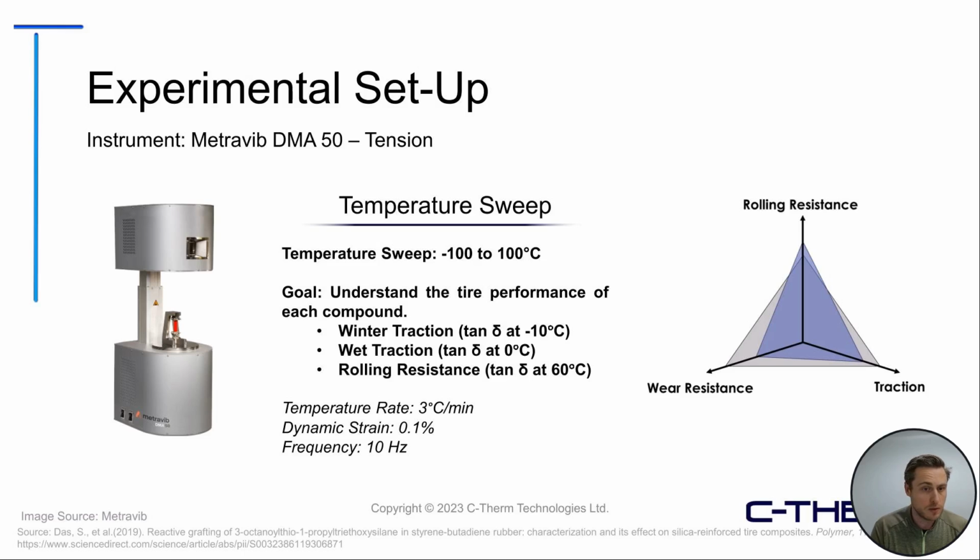They did their test in tension with a temperature rate of 3 degrees C per minute, a dynamic strain of 0.1%, and a frequency of 10 hertz. So again, they did the driving frequency at a frequency that wasn't stated by an ASTM standard, but this is more driven by the industry, where 10 hertz, plus or minus a couple hertz, is typically used in tires, because this is the frequency that replicates the speed of the tire rotation.